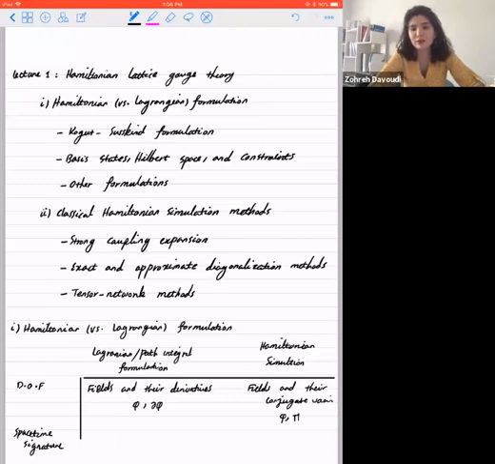Although at the end of the day, from the perspective of computational cost of the calculation, it doesn't make sense to do it that way because we would like to do importance sampling through Monte Carlo methods. And that's why we often choose Euclidean time signature, which means that the time is imaginary.